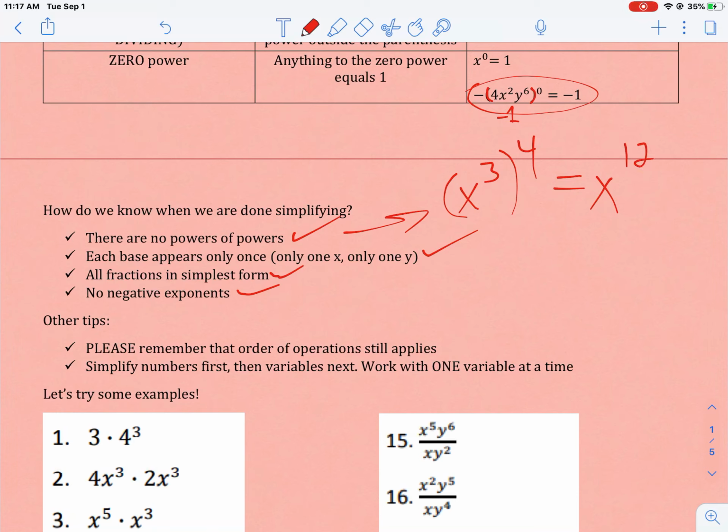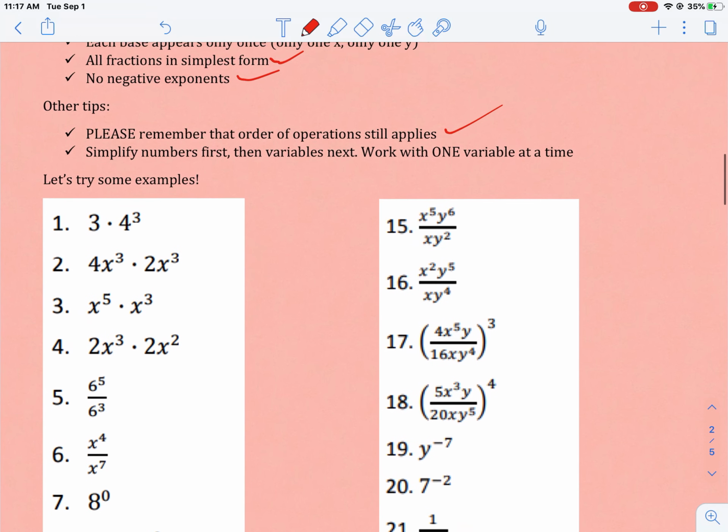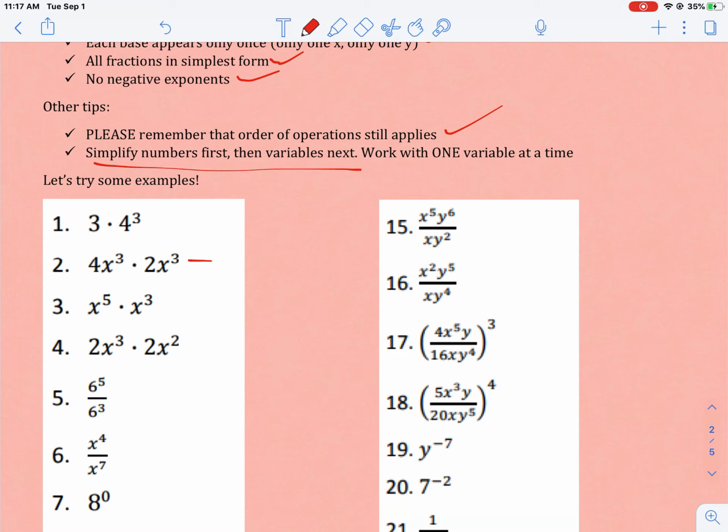That would be simplified. Order of operations still applies, and what I would say is simplify your numbers first and then your variables. So like here, 4 times 2 is 8, and then I'm going to do x to the third times x to the third, which is x to the 6th.